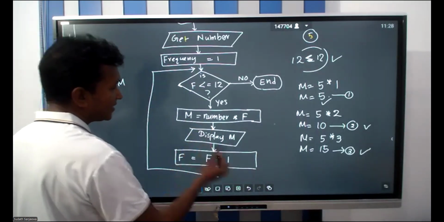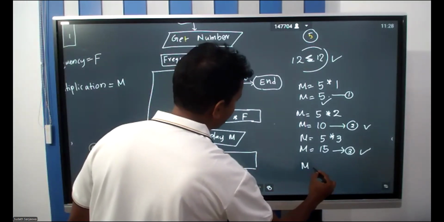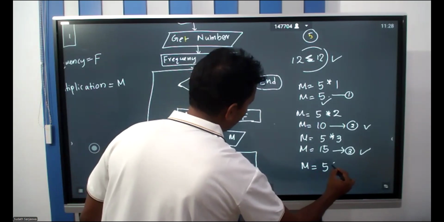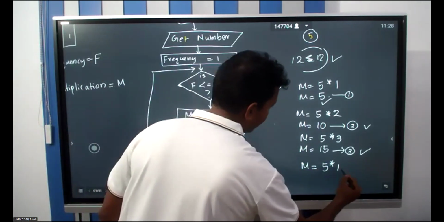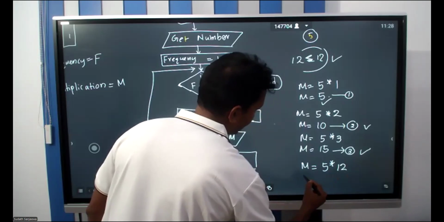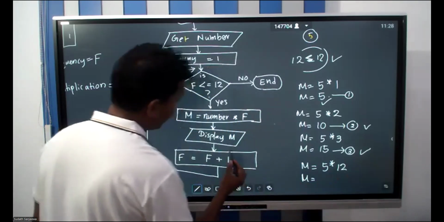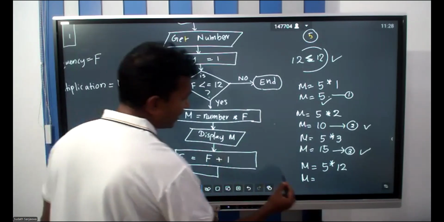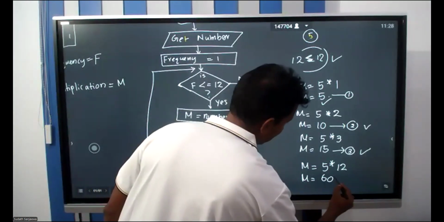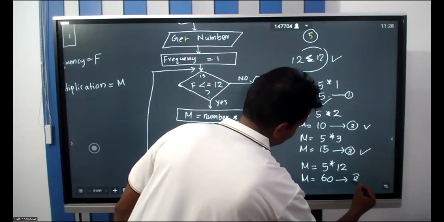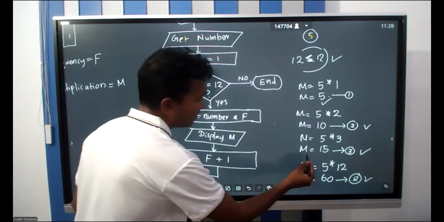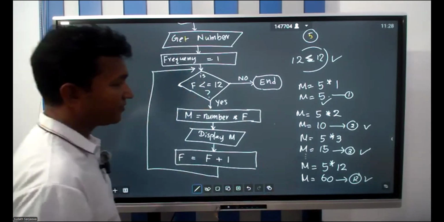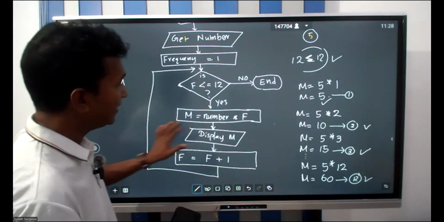Then we come to this place and calculate the multiplication. My input number is 5, and now frequency is 12. Then I display m. m is now 60. This is my 12th step. I skipped some steps. Finally, I came to 12.